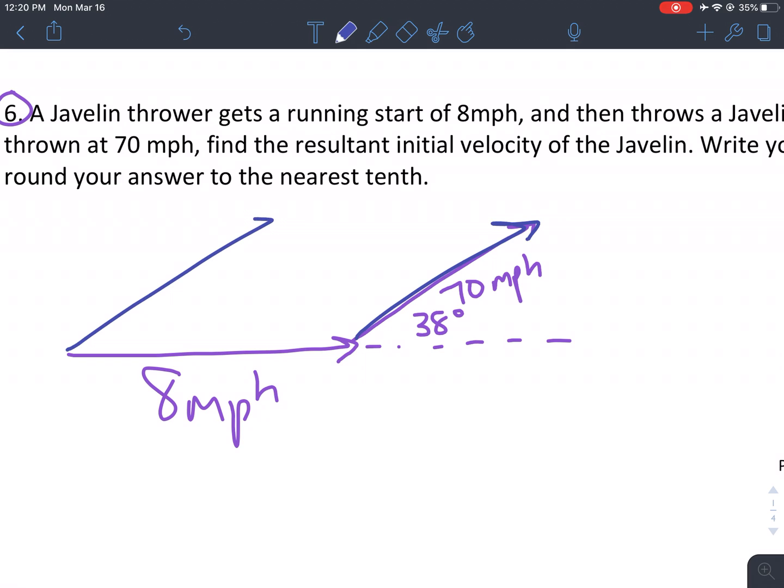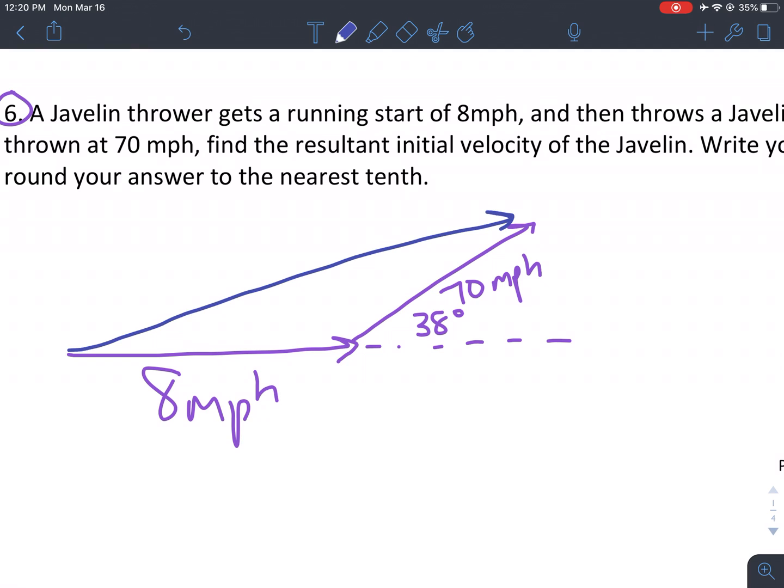You could move the vector here that way. But either way, we need to add the two vectors together. So adding the two vectors together, it gives us a resultant, which is this particular vector right here, resultant. Let's call it x.